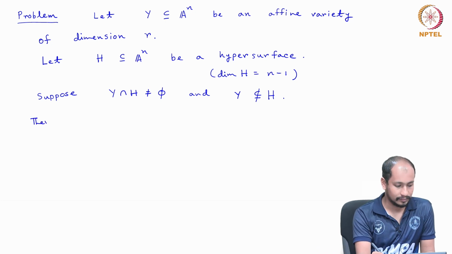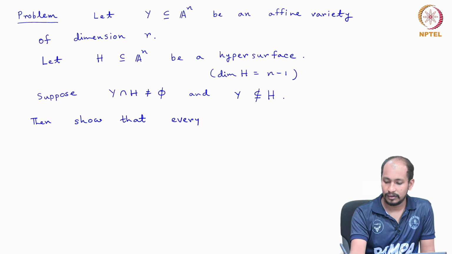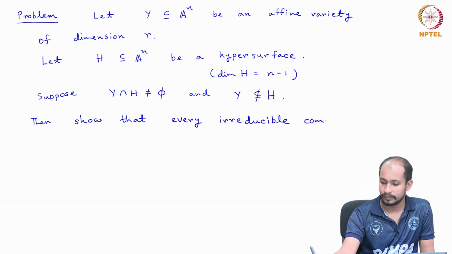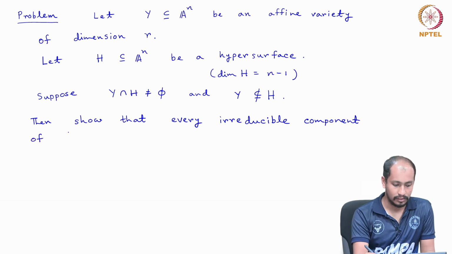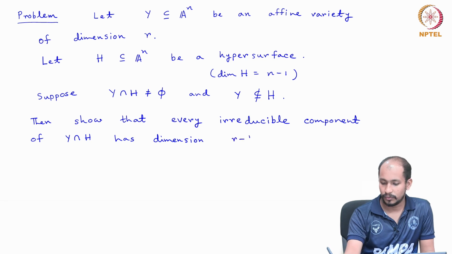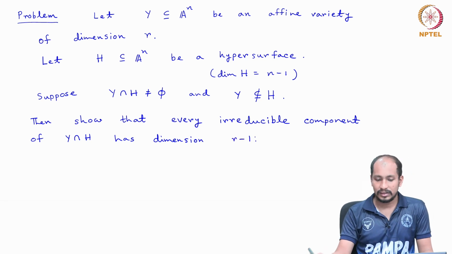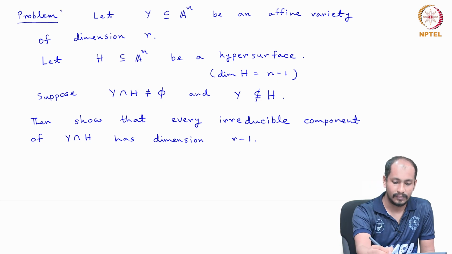Then show that every irreducible component of Y intersection H has dimension r minus 1. So this is a problem from Hartshorne actually. Okay.